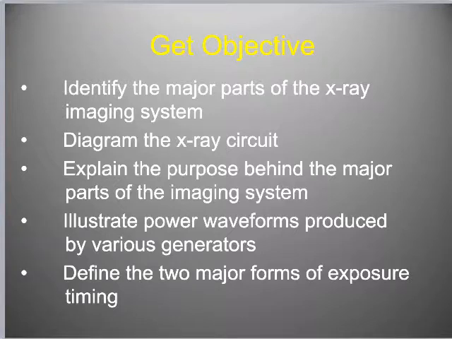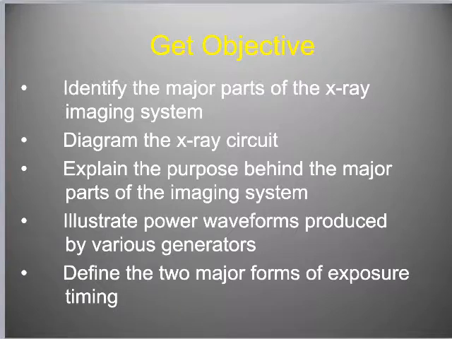I'm not a big fan of the diagram in our textbook, so I may use the diagram from a different textbook, but regardless of the diagram, we should be able to orient ourselves to that circuitry. We need to talk about what each part of this circuit does and why.